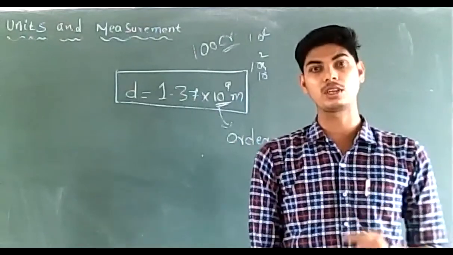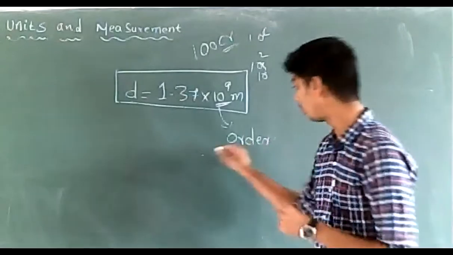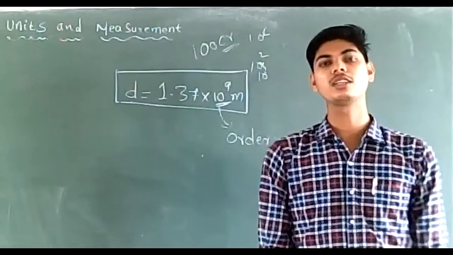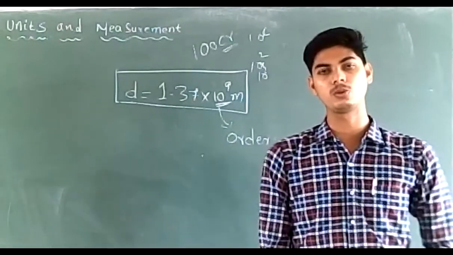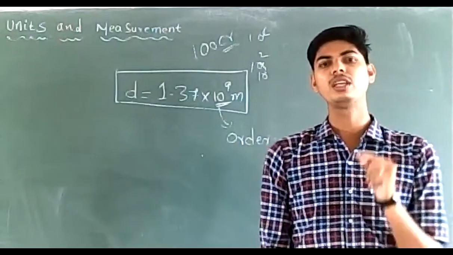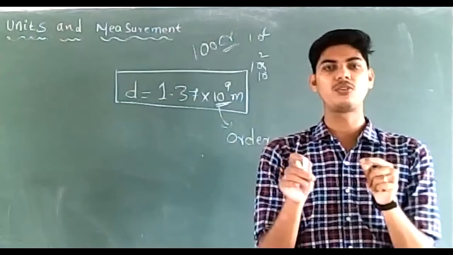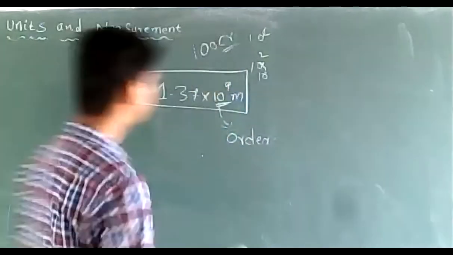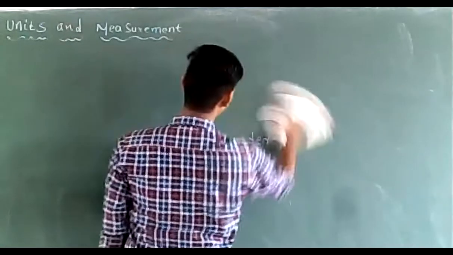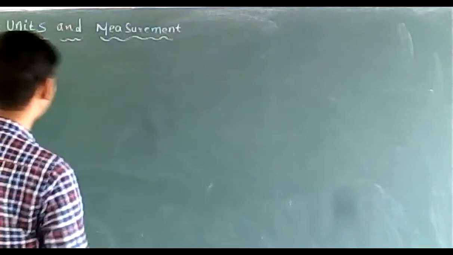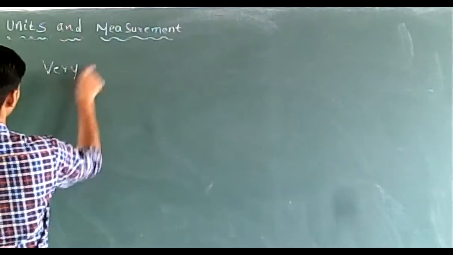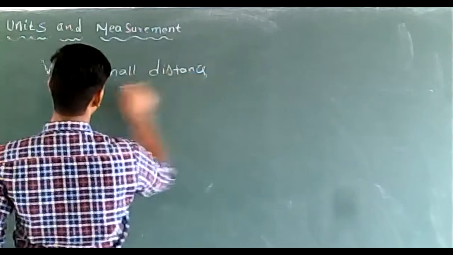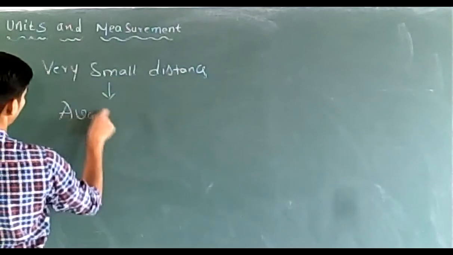We cannot see atoms and molecules, meaning their size is that small. Then how can we measure the size of that atom or molecule? We can measure very small distances such as the size of an atom, size of a molecule, size of a nucleus by using Avogadro's method.